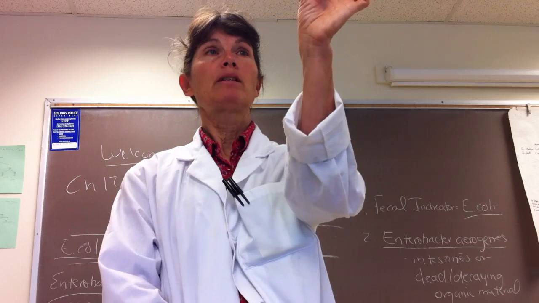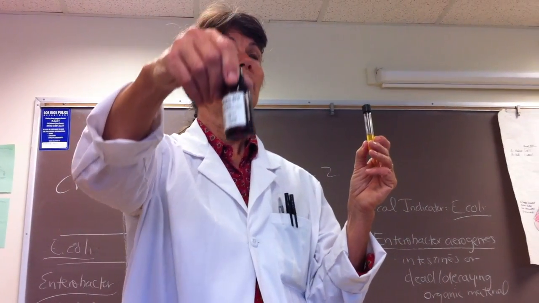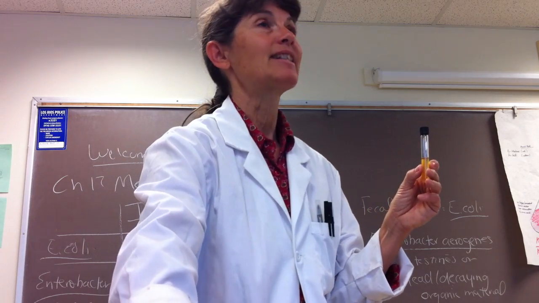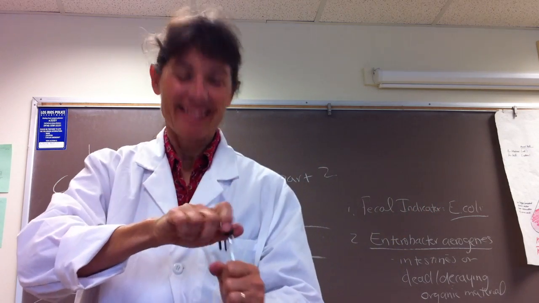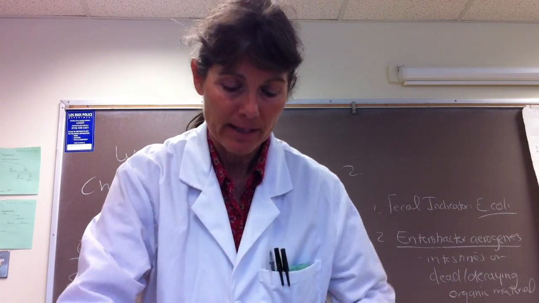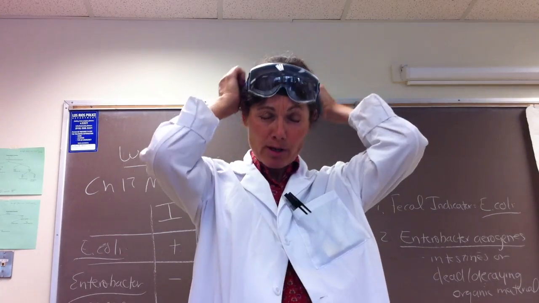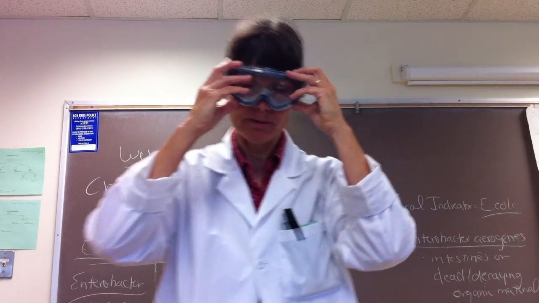I've got my incubated tube. I've got my methyl red. What do I do now? Yes, good, good. Okay, so you should have your goggles on for this. Ooh, I'm being a bad instructor. Whenever you're working with these reagents, remember your mom would tell you the reagents will burn your eyeballs out.